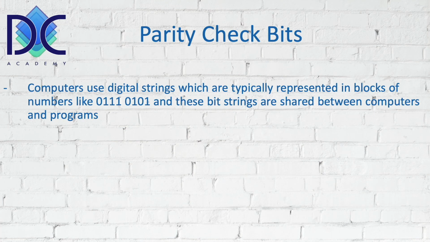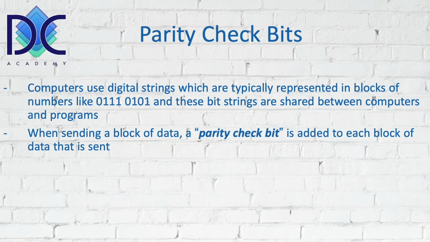Parity check bits are used to verify if digital strings sent from one application to the other are correct. Now, the bit strings or the digital strings are typically represented in blocks of numbers, like I have here 0111, 0101, and we share them between computers and programs.